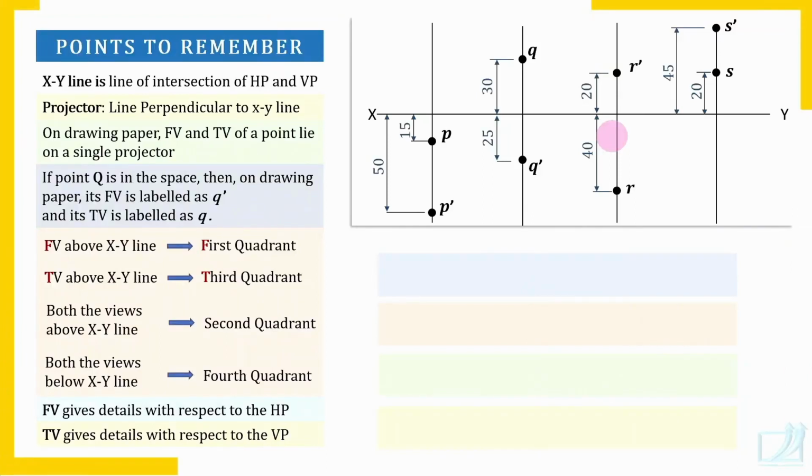Now we are having practice of reading the drawing. Now answer my question. There are 4 points involved: point P, point Q, point R and point S. These 4 points are not on this paper. On this paper there are views of these 4 points. These 4 points are somewhere in space.